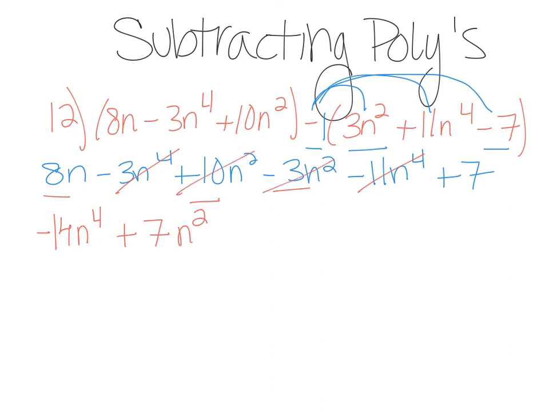And 8n, well, there's no other term that has an n on it, so if there's nothing to combine it with, I'm just going to bring it down. And same idea with the 7, there's no other constant, so we're just going to bring that down as well. So your final answer here is negative 14n to the 4th plus 7n squared plus 8n plus 7.